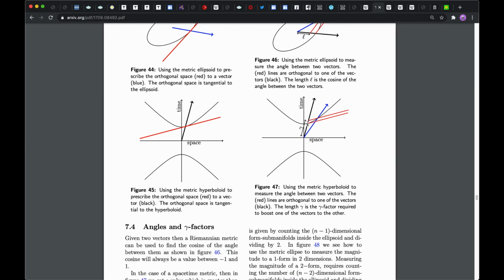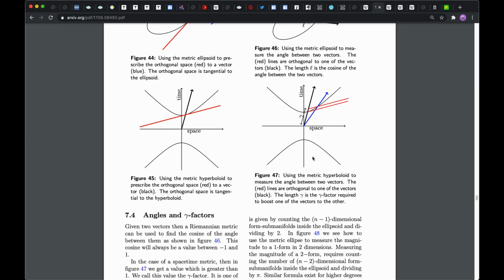For the case of the Minkowski space, we will have a similar situation, but now instead of the ellipses, we will have a hyperbola, and we will do the same process.